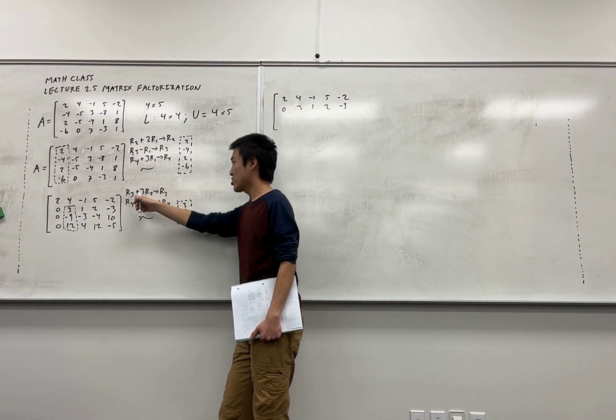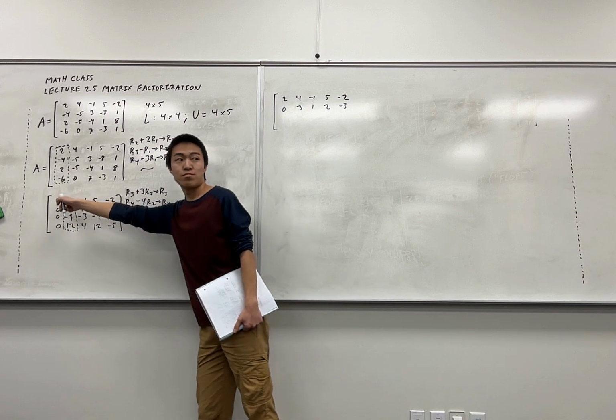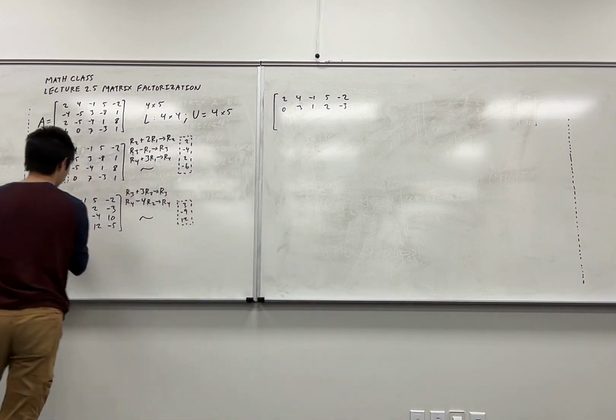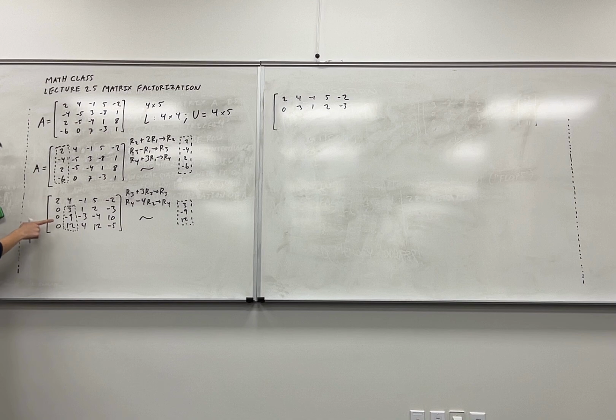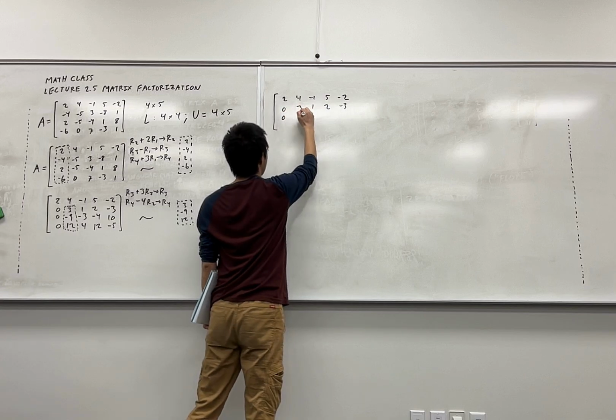So row 3 instructions is I need to take the value of row 3 and add it to triple row 2, sorry, yeah, you're right, row 2. So 0 plus 0 is going to be 0, and then -9, by design, is going to be 0, so I have 0, 0.